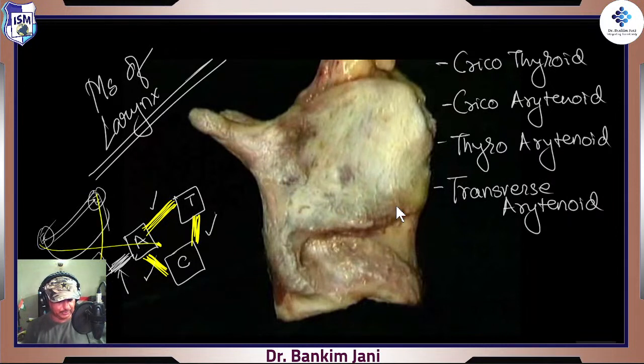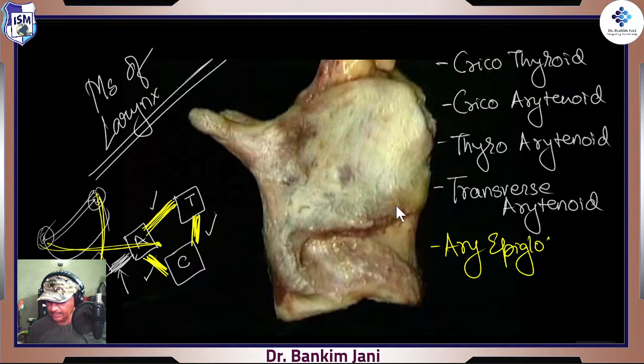They will be going like this. These are called aryepiglottic muscles, because they start from the arytenoid and go to the epiglottis. That's why we have written it in a different color. Now you will find this is so easy, and at least you will remember the names: cricothyroid, cricoarytenoid, thyroarytenoid, and the transverse arytenoid. These are the muscles.